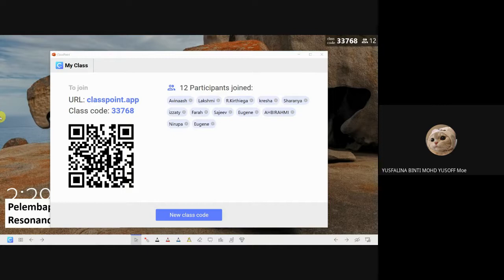Okay, and Rindia. I have 2 names, so I will remove one of it. Rindia, please go to this website and then key in the code that I gave in the chat room.